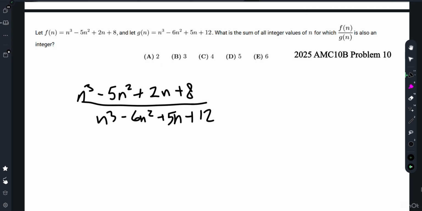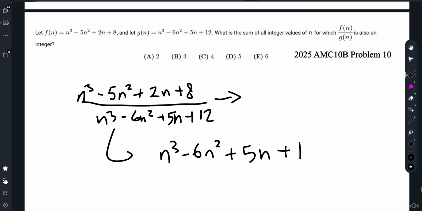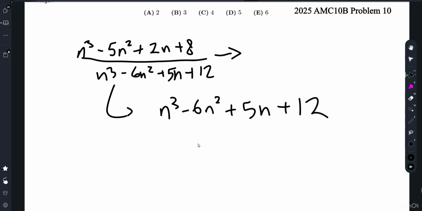So let's see. We want to simplify this problem to make it easier to solve. So let's first take the bottom to simplify. So we have n cubed minus 6n squared plus 5n plus 12, and we want to simplify this.